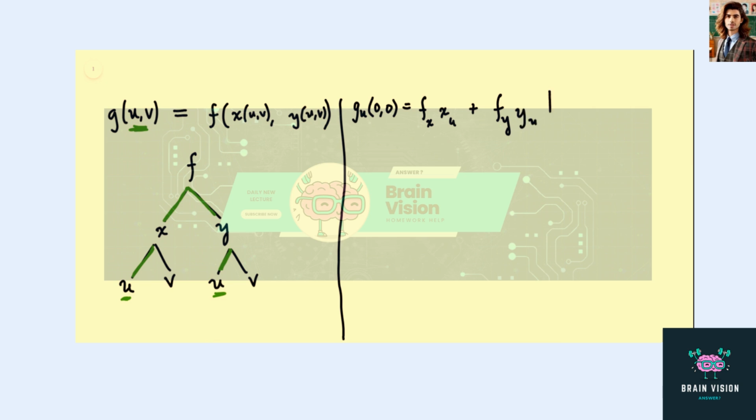And we want to evaluate this whole thing when u and v are both 0. Okay, so let's go carefully left to right and evaluate each of these.